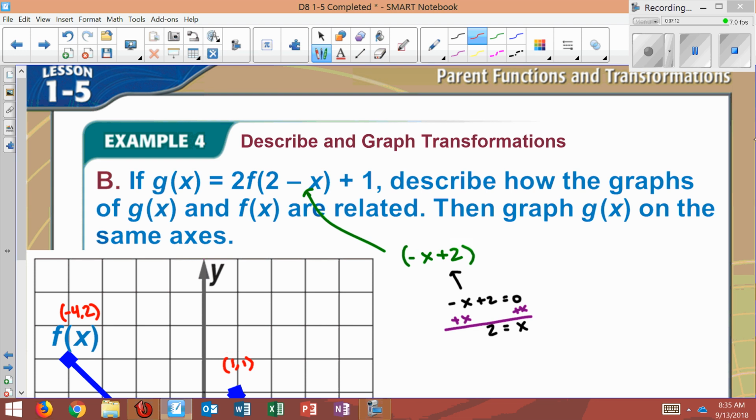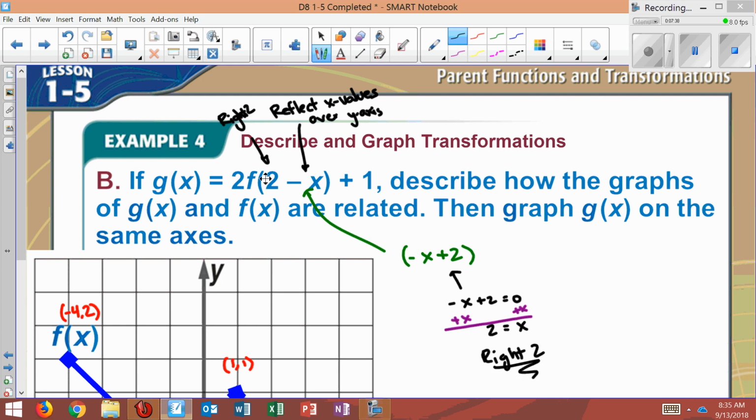So if I point out these transformations, this is a reflection, reflect x values, which means it goes across the y-axis, because I'm flipping from left to right and right to left. This is going to say right 2, as we saw right here.